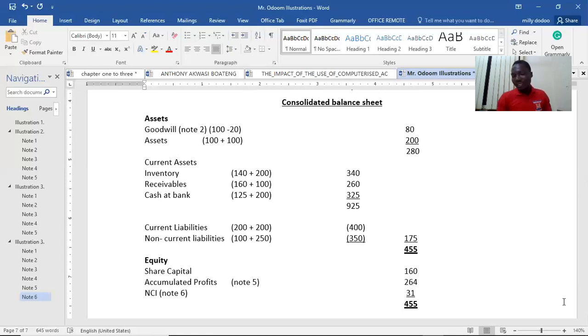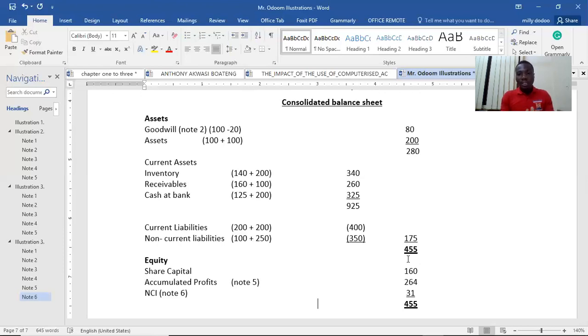Now, the law stipulates that anytime there is an intragroup transaction, you eliminate it from the group or from the consolidation process. So anytime we are consolidating the account and there are intragroup transactions or intragroup balances, they must be eliminated from the group because it is simple.